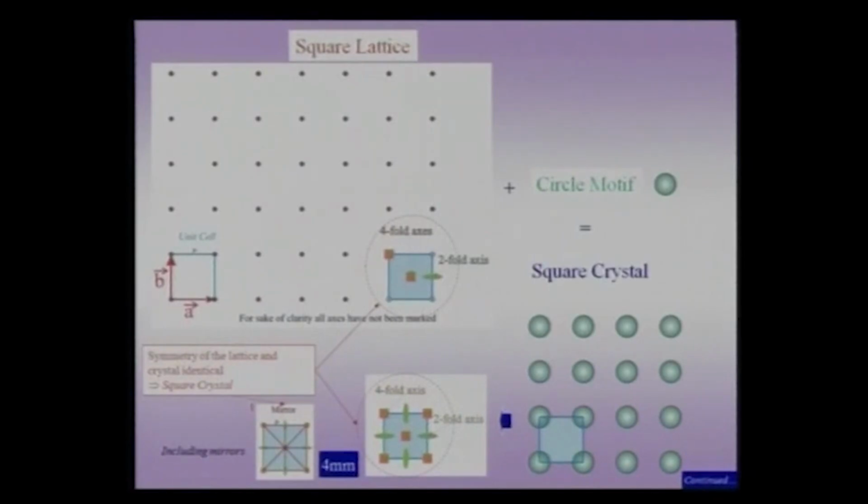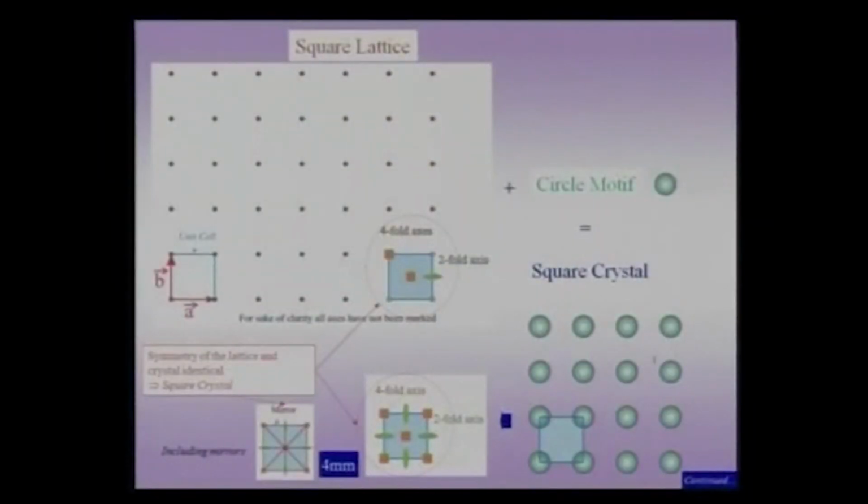Therefore, the symmetry of this lattice is 4mm, which happens to be identical to the symmetry of the crystal. The symmetry of the crystal is as well 4mm. Therefore, the symmetry of the lattice and the symmetry of the crystal are identical, and as when we make a listing of all the crystals, we will see that whenever I have a symmetry 4mm or a symmetry 4, such a crystal is called a square crystal, and therefore, I will label the crystal which I have generated here as a square crystal.